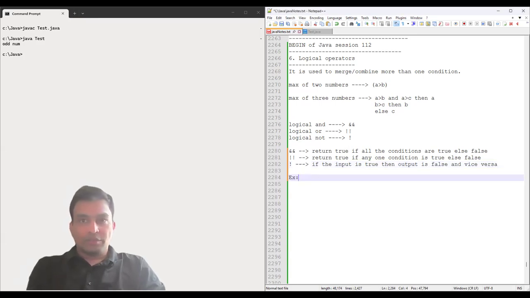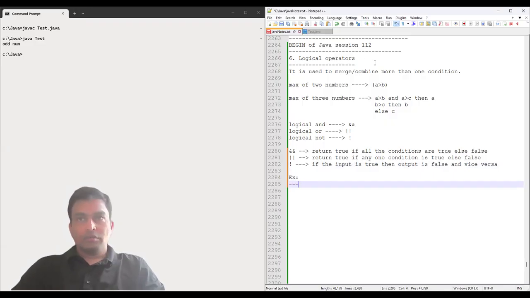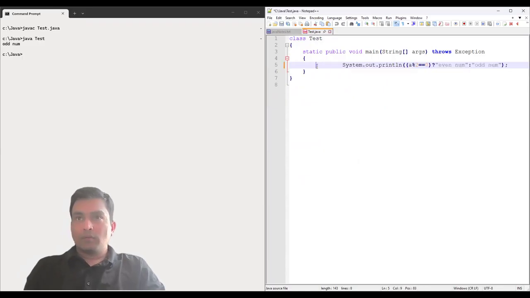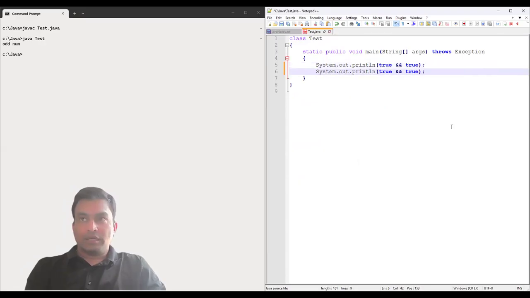So let's see some examples on these logical operators. For example, I have true logical and true. Then let's take another one with true and false. And let's take another example, something like false and true.